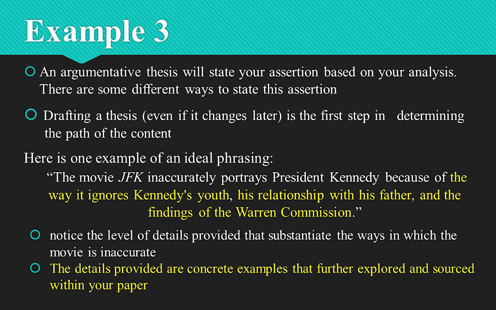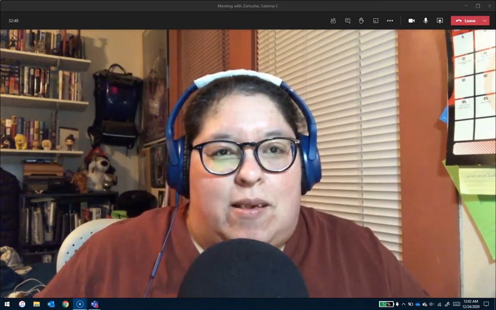In this example, notice the level of details provided that substantiate the ways in which the movie is inaccurate. This example mentions the exclusion of his youth, his familial relationships, and the examination of his death. Those details are concrete examples that can and will be further explored and sourced within the paper.